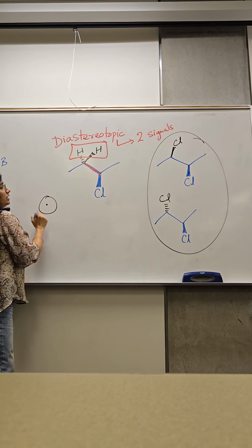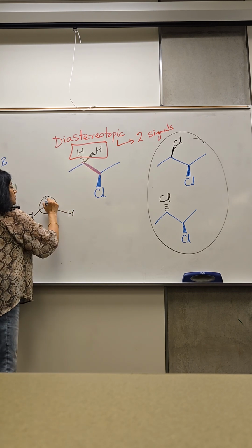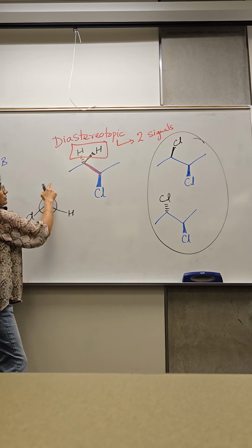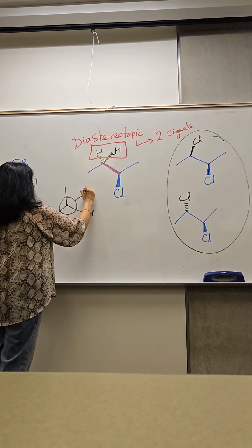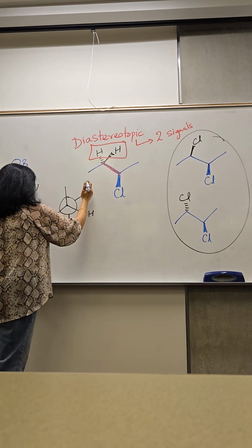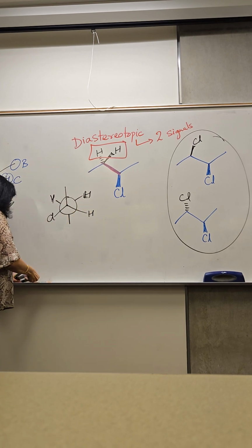So if that's my front carbon, chlorine is here, hydrogen, methyl, and then I'm seeing methyl, hydrogen.